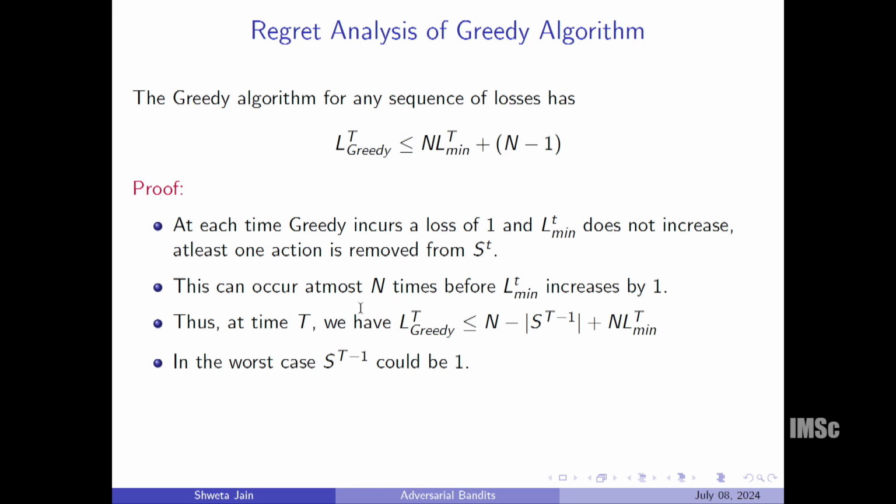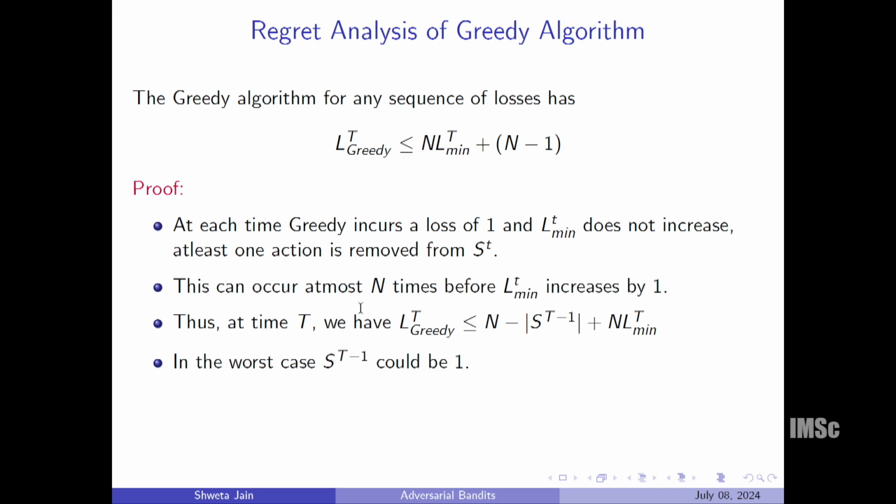So this can occur at most n times before LT min increases by 1. So with every increase in LT min, you are incurring a regret of at most n. So you straight away get n into LT min. And this is just an additional factor for the last time, where you might have to do n minus 1 more.